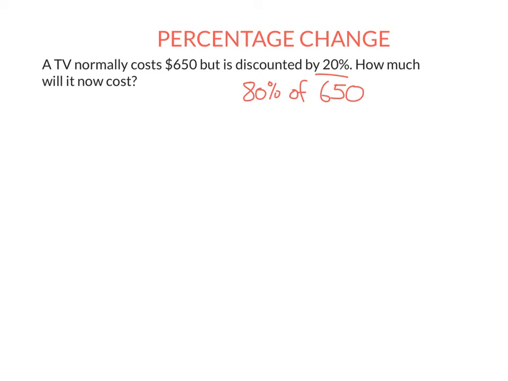So 80% is the same as 0.8. Of means times, so this is 0.8 times 650, and you can use your calculator for that. You get $520. So that's our final answer. You would pay $520.